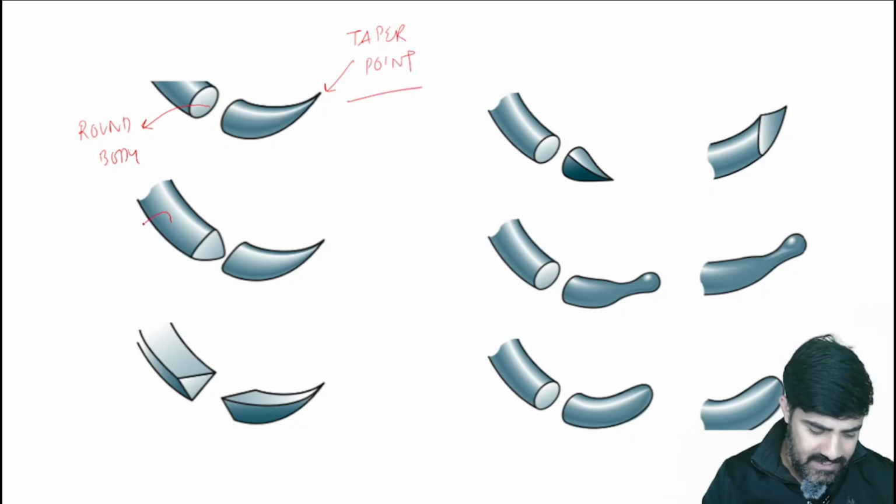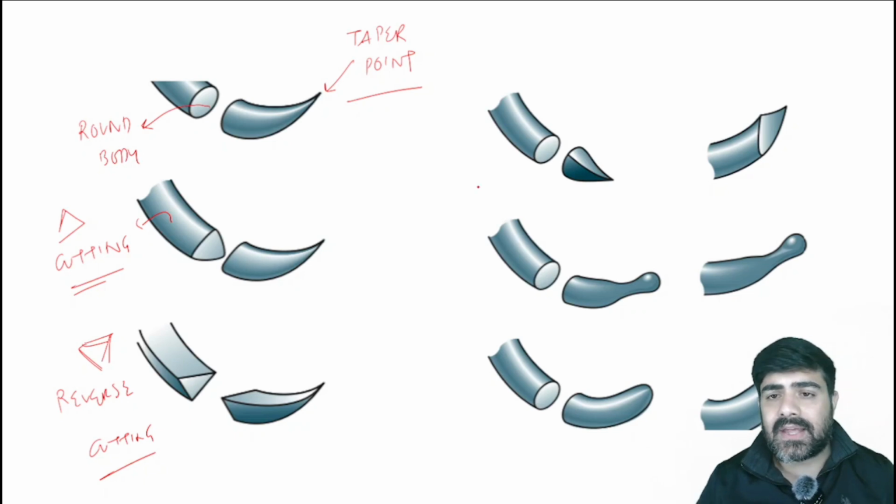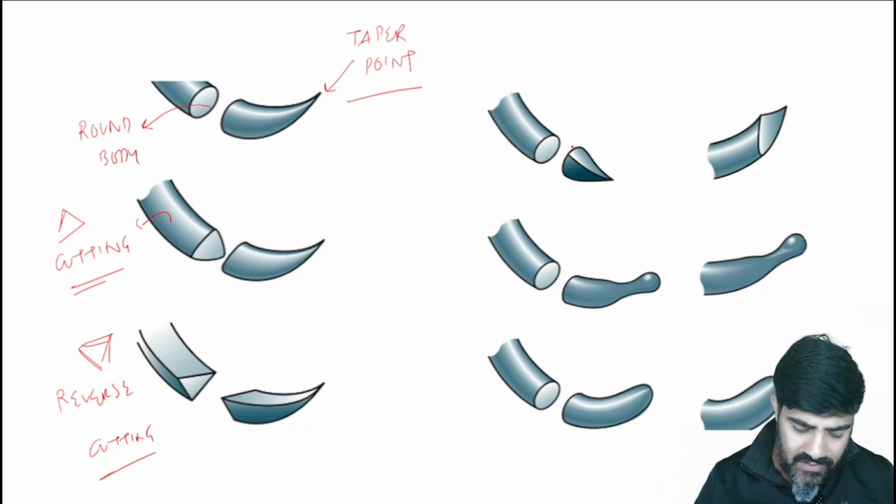Round body, tapering is cutting, triangular cutting. This is reverse triangle, reverse cutting suture. Then this is trocar pointed.